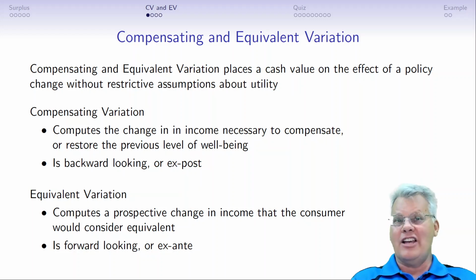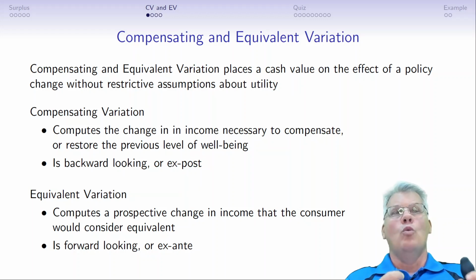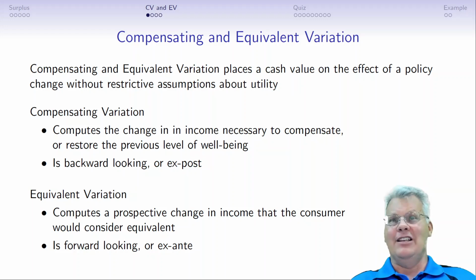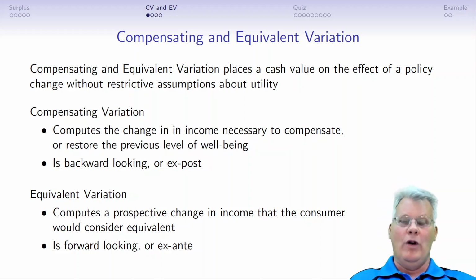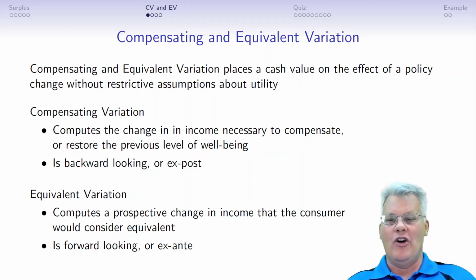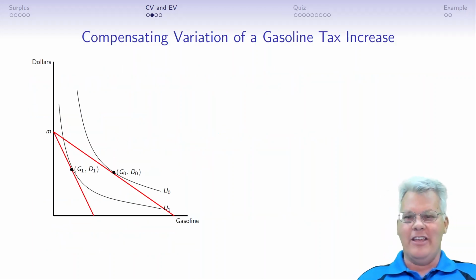How much cash would I lose? What drop in income would I consider equivalent to the government increasing my taxes? So, forward-looking. The tax increase is equivalent to a $50 loss in income. That's an equivalent variation.